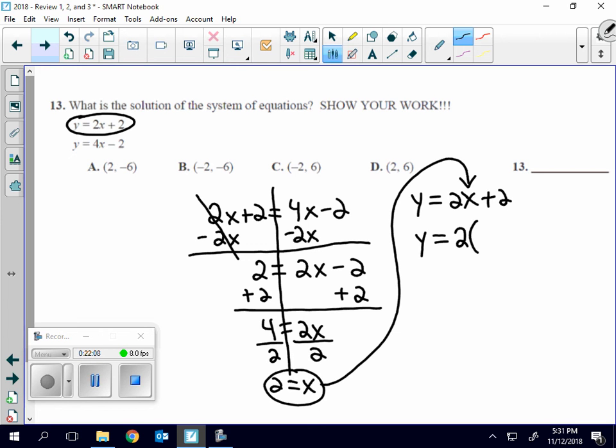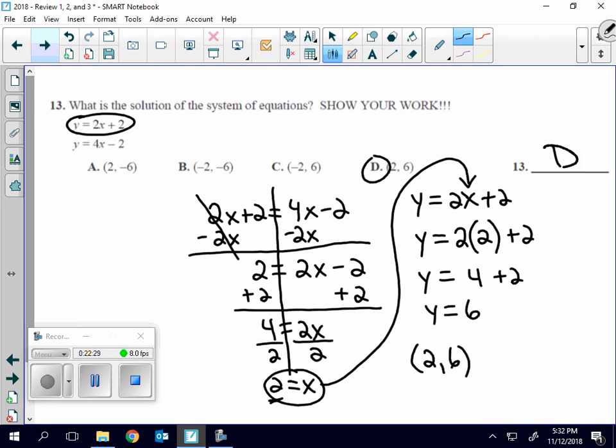Well, 2 times, what did we just say x was? 2. And then we're going to add 2. So y is going to equal 4 plus 2. Therefore, y must equal 6. As an ordered pair, x comes first, y comes second. 2 comma 6 is answer D. And that is your review number 1.